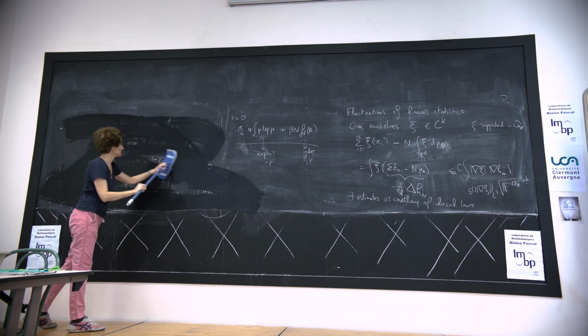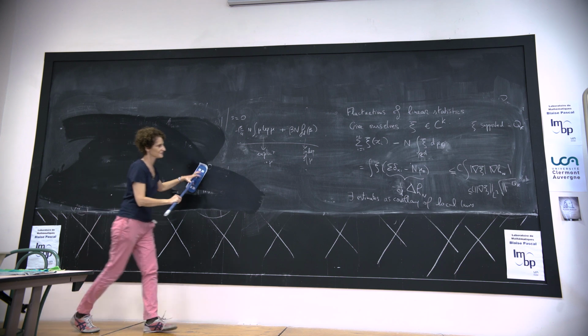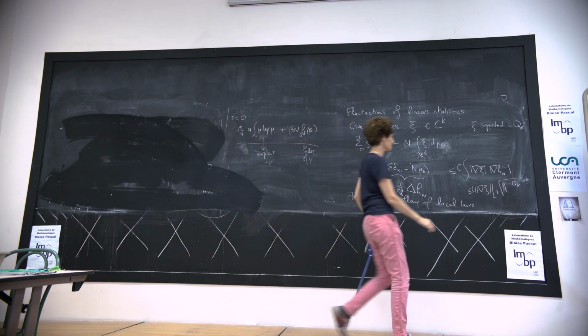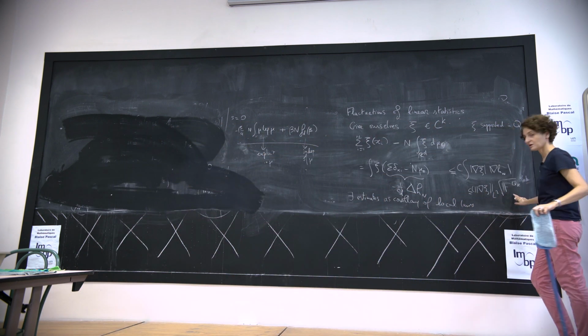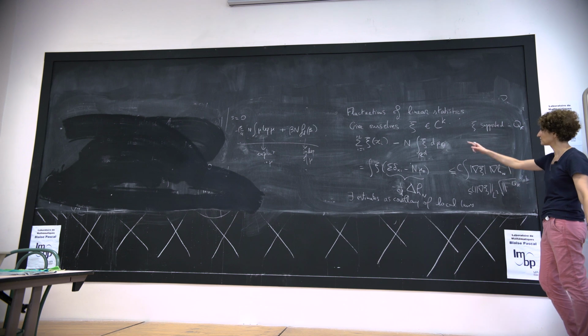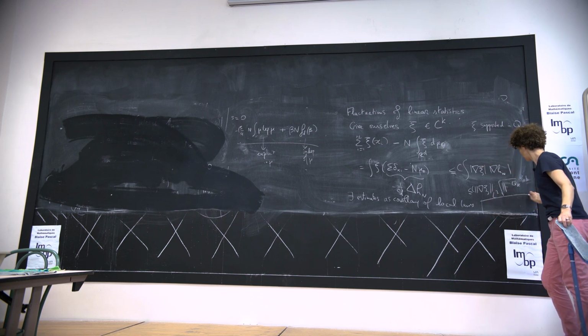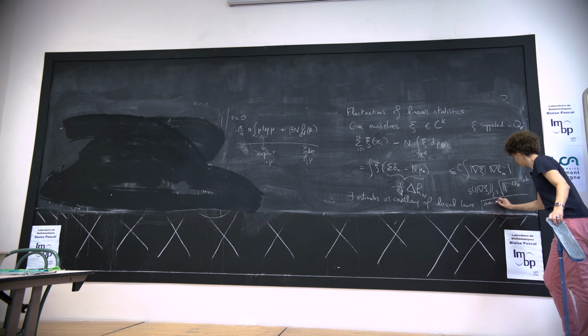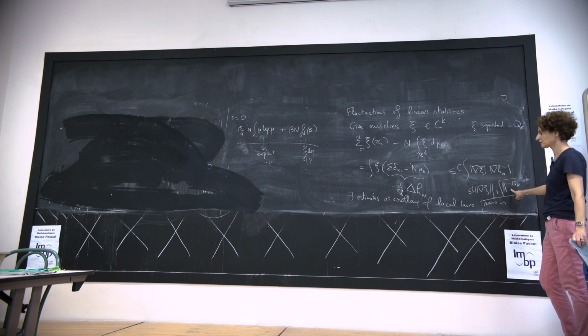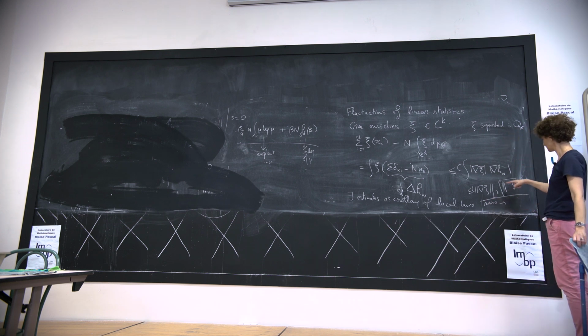So actually, we could try to describe what's the size of this, but you see that this thing is going to be still very large, right? If I'm at a macroscopic size, this seems to give me something like root n, because this is like the volume.